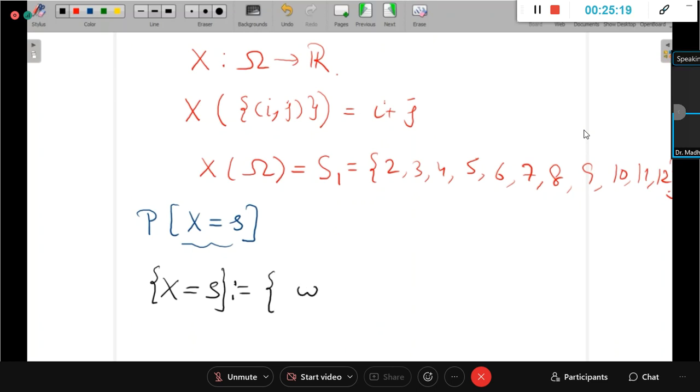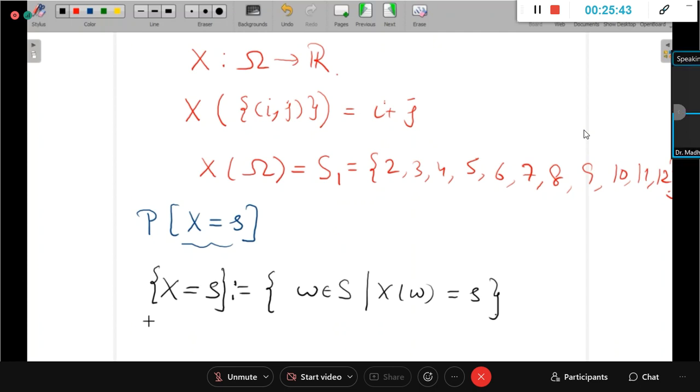X equals to s is the abuse of notation for this set: all w belonging to omega such that X of w is equal to s. So in short, it is defined by this. This is why we say it is an abuse of notation, because here w is omitted, silent, you can say.